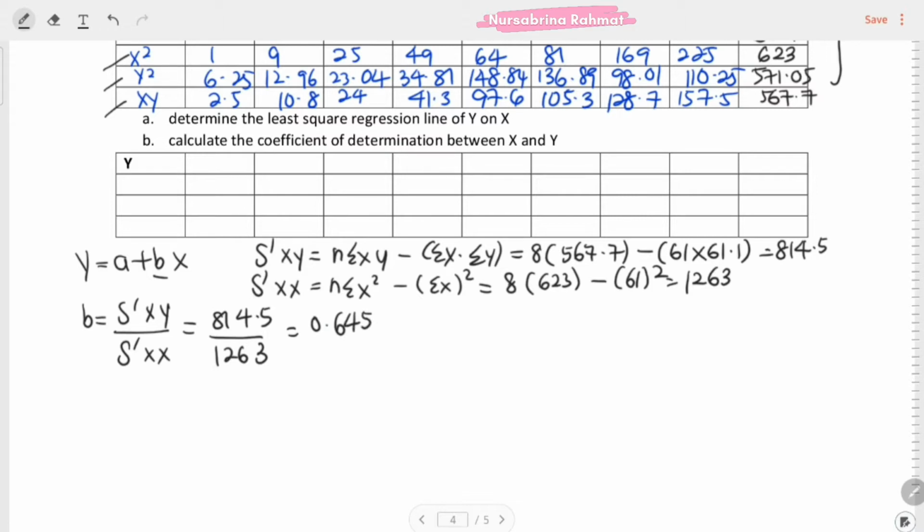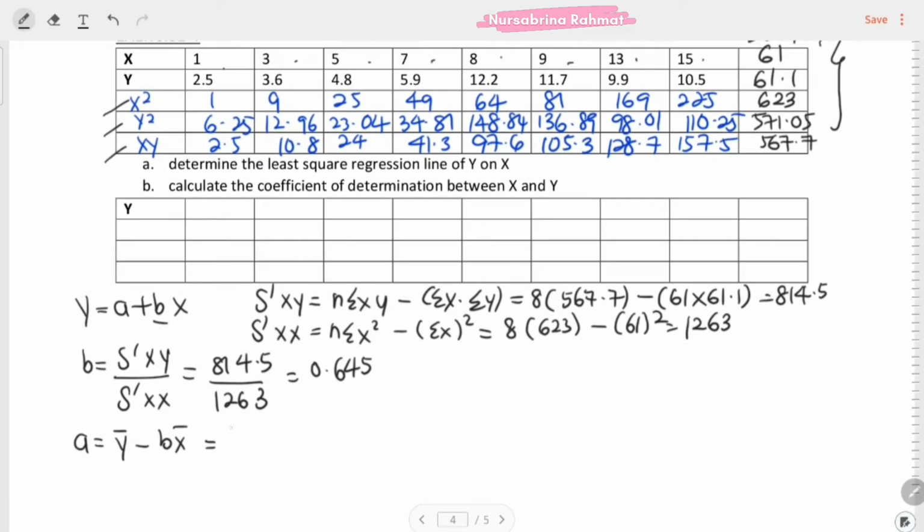Next I'm going to find my a. a is simply y mean minus b times x mean. My y mean is the sum of y, 61.1, divided by the number of samples, which is 8, minus 0.645, my b, times the mean of x, which is 61 divided by 8. So find out what your a is.